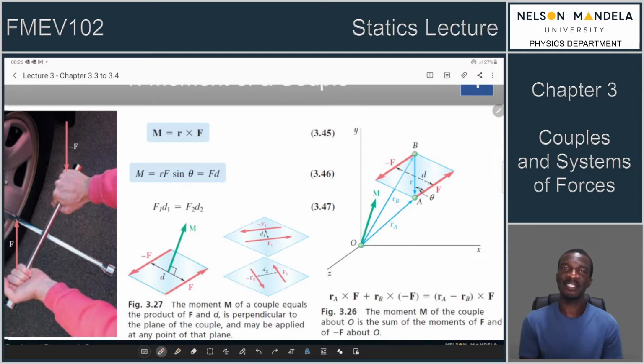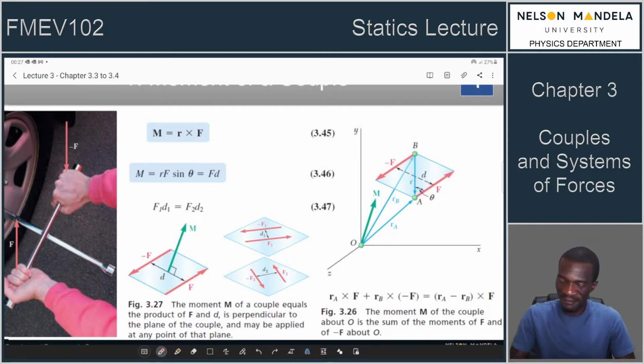Those 2 forces, they are anti-parallel, right? So if they're anti-parallel, then they form a what? A couple. The forces are acting at points that are located at position r_A, and the other one is located at B, that is a position r_B from the origin.